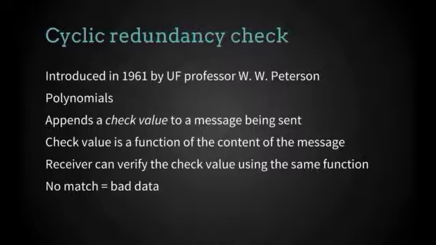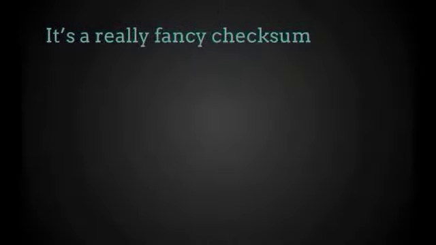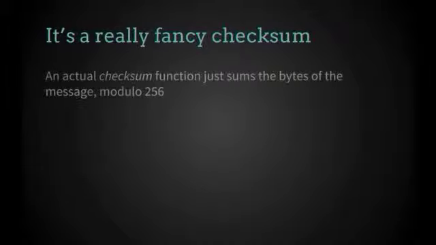And of course, if the data doesn't match, then the data is no good. It's more than just a fancy checksum, but if you look at it in terms of what it's doing to the message, it performs the same general function as a checksum.